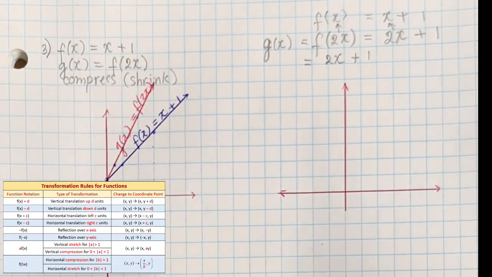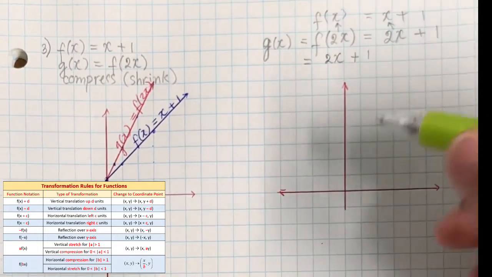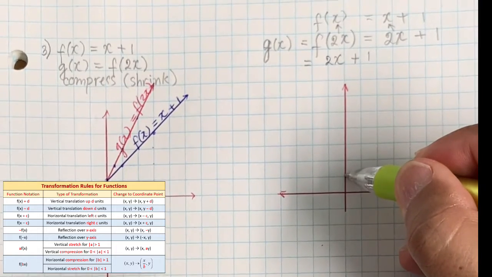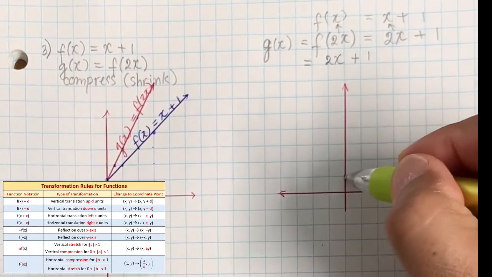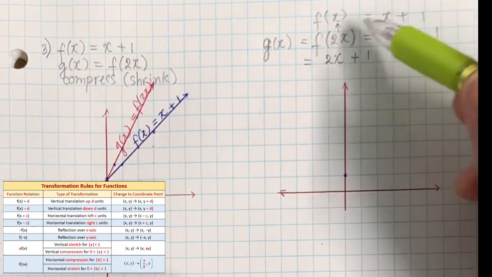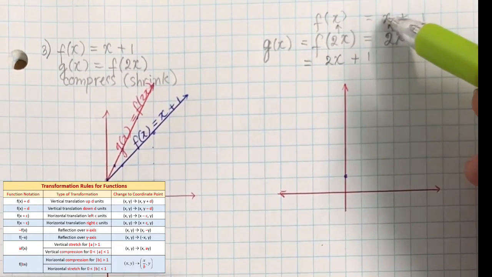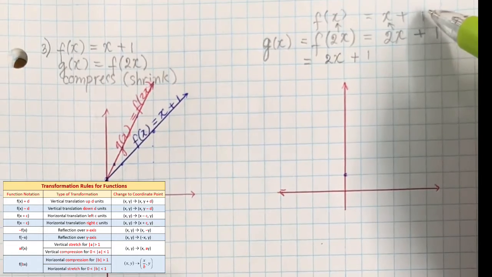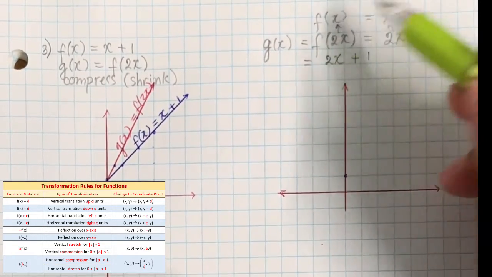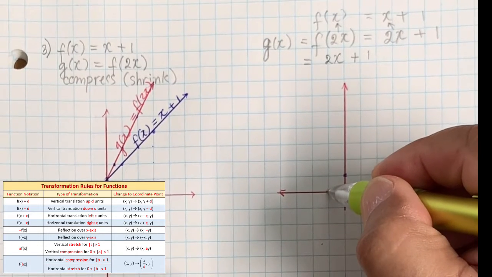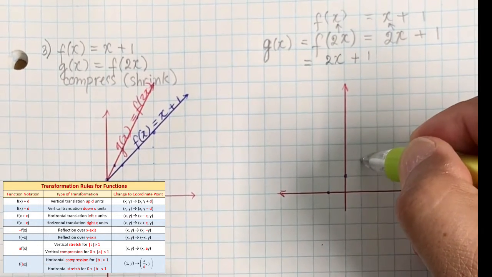All right. Anyway, so here again, when x is 0, f of 0 is 1, so it's here. When x is negative 1, negative 1 plus 1 is 0. So f of negative 1 is 0. So right here, negative 1 is 0, right?